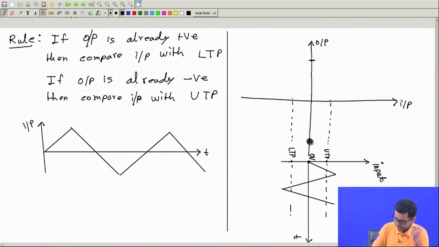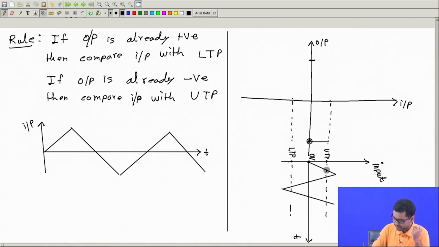Now as time increases, input goes from here to here, so input is increasing, but up to this point output is not going to change because input is below the upper trigger point. Input will increase, output will remain negative. This is t equal to 0. After that, input is increasing and increasing, but output is still negative.